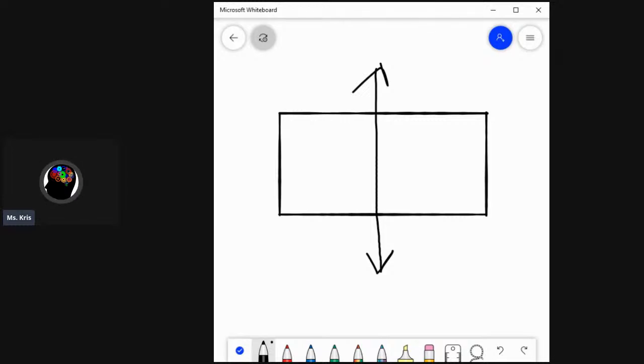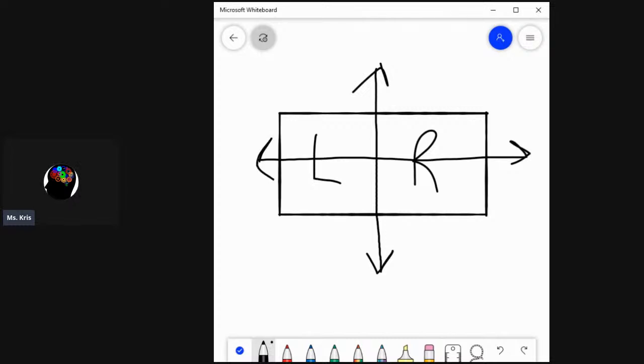So symmetry is basically saying that the left side equals the right side, split by a line. And the line, of course, can go either vertically or horizontally. But know that you have at least one line of symmetry if both equal each other.